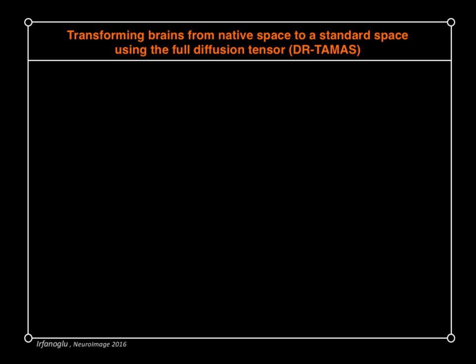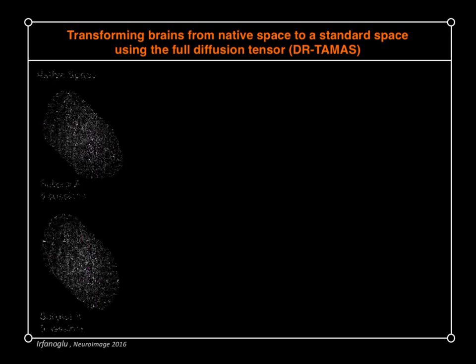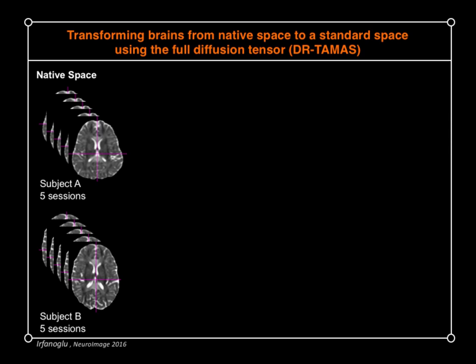The traditional way in diffusion images was mostly to take the fractional anisotropy map and run it through the standard affine and nonlinear registration techniques, and then you have everything in the same space and do voxel-wise statistics. Now, there's another way of doing the same thing, which is much more efficient and probably much more robust, and that's to use the full diffusion tensor.